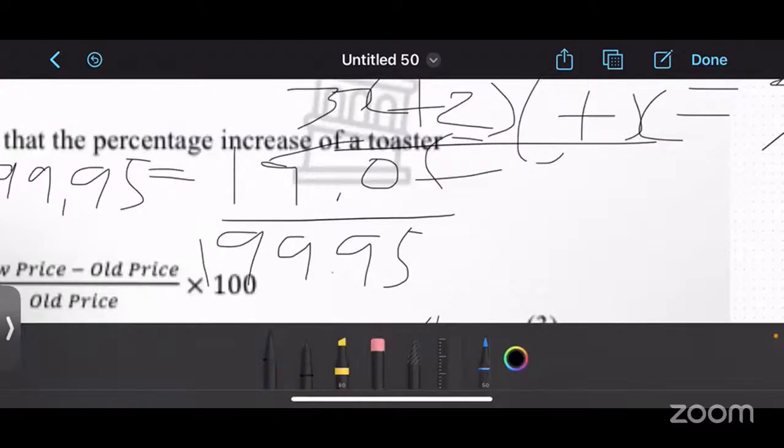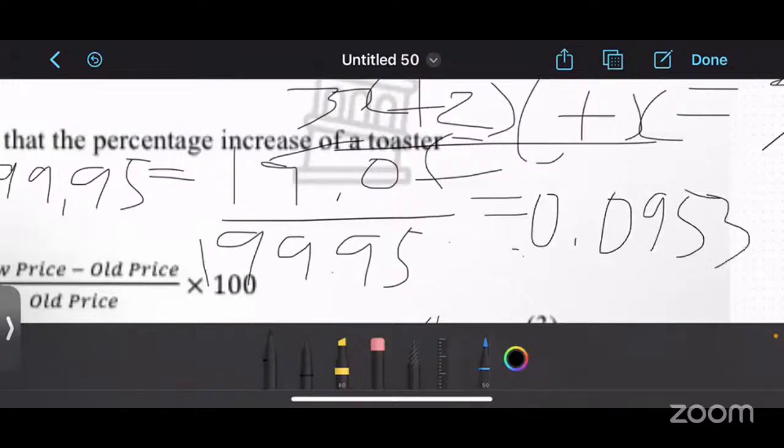Which is how much? 0.953. 0.9. This is 0.9, 53. Oh no, 0.0953. Okay. 0.0953.